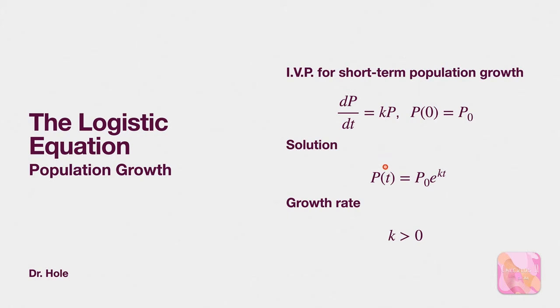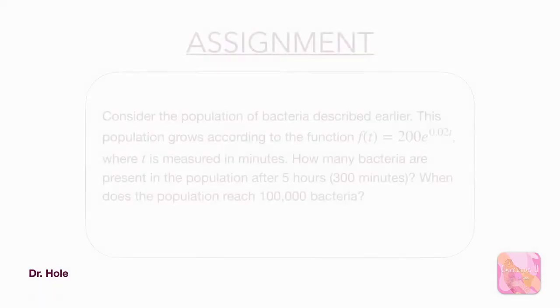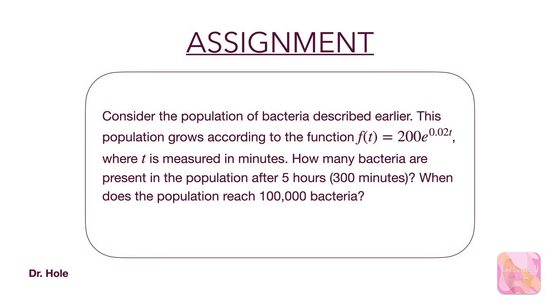That the population must tend to infinity, according to this model, doesn't jive well with realistic situations. So we have a shortcoming to the model, and we want to remedy that.